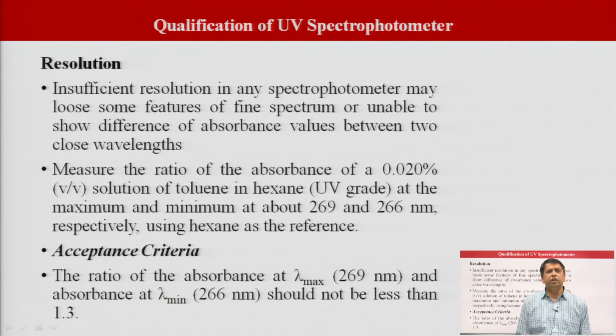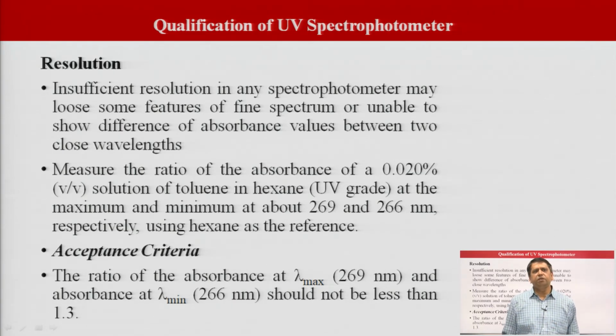And the fourth test is the resolution. Insufficient resolution in any spectrophotometer may lose some features of the fine spectrum, or it may be unable to show the differences of absorbance values between two close wavelengths. The measure is the ratio of the absorbances of a 0.02% volume by volume solution of toluene in hexane at the maximum and minimum at about 269 and 266 nanometer respectively, using hexane as the reference solution.